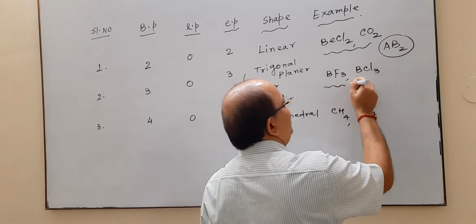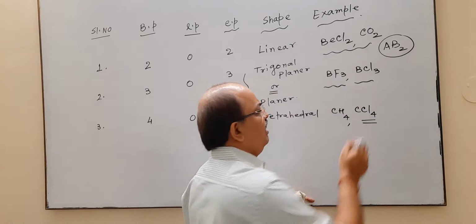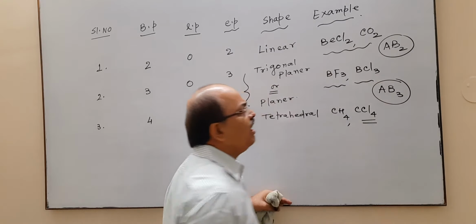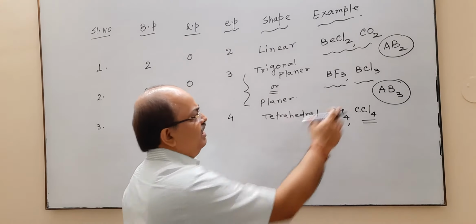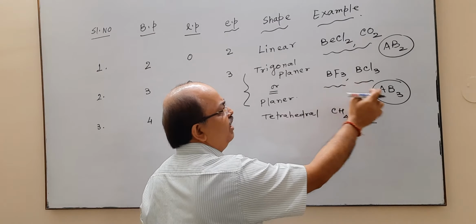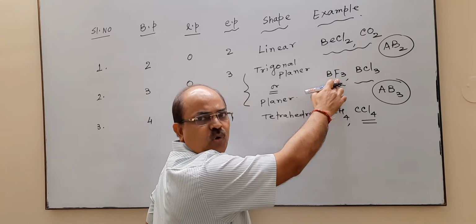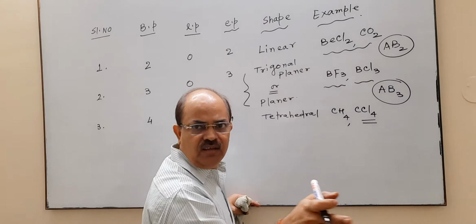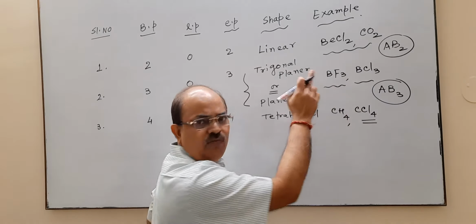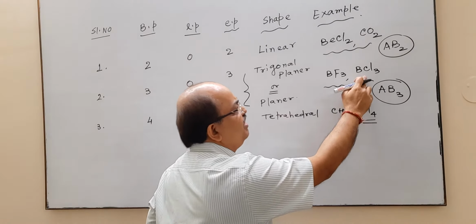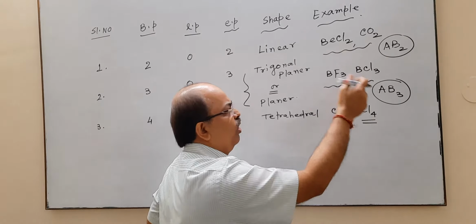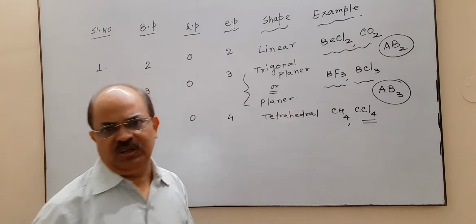However, the second one is of AB3 type. यहाँ A क्या हो गया? Boron. B is either fluorine or chlorine. Because if you consider BF3, then B is fluorine. और अगर आप BCl3 की बात करते हो, then A is again boron, but B is chlorine.